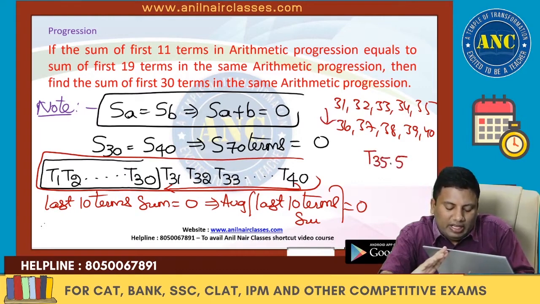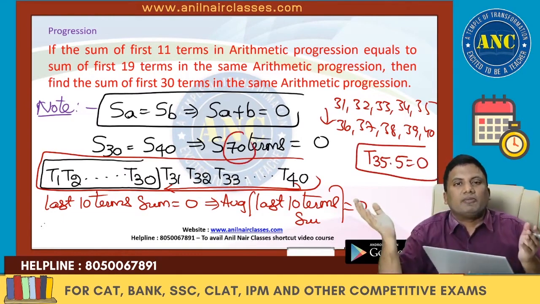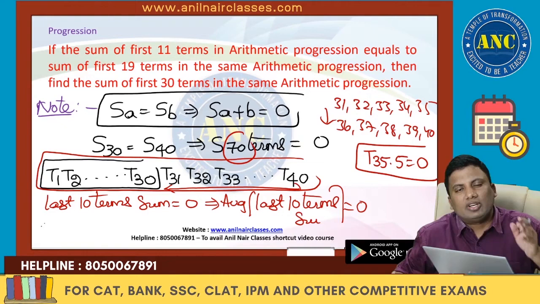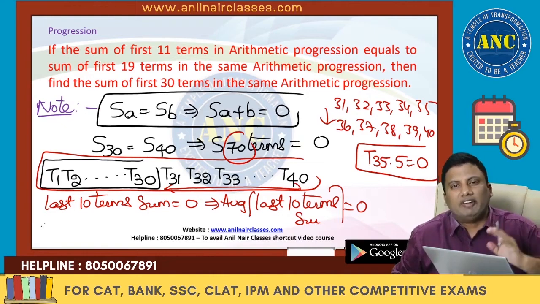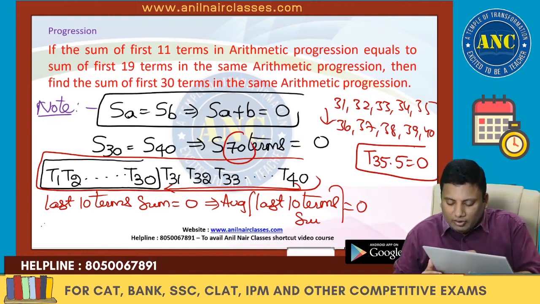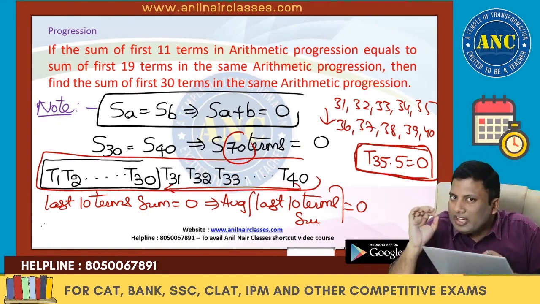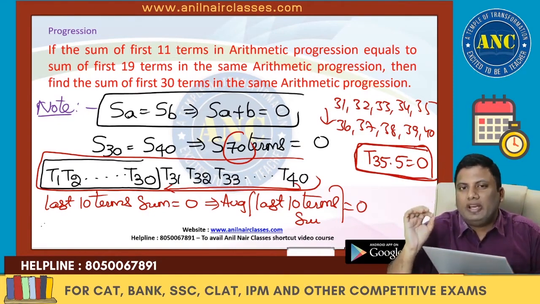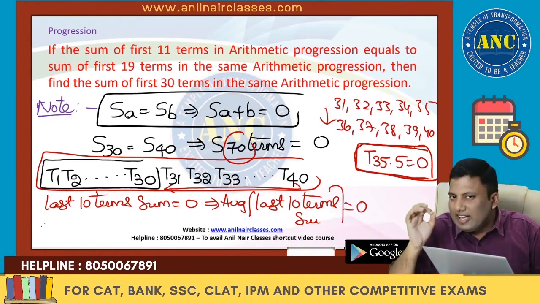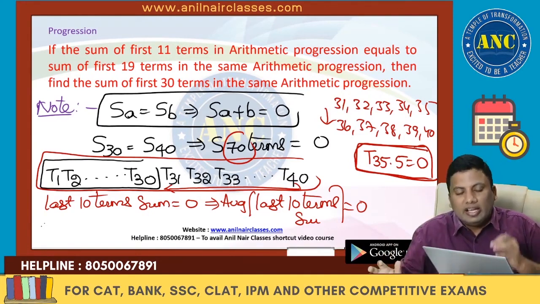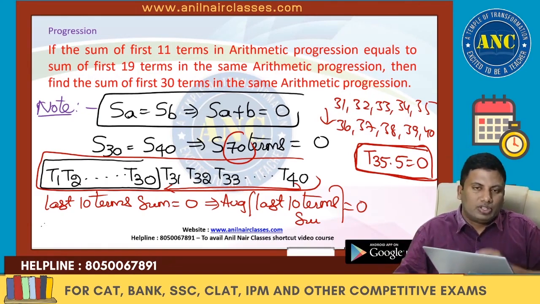T35.5. If T35.5 is 0, 70 terms means 35 to the left, 35 to the right. Middle value is T35.5. It is also 0. SA equivalent to SB, SA plus B equivalent to 0.